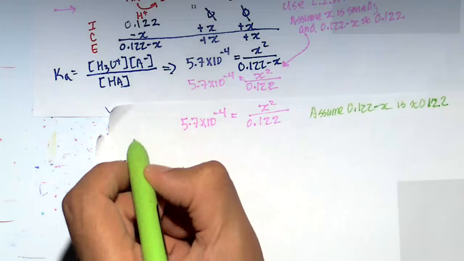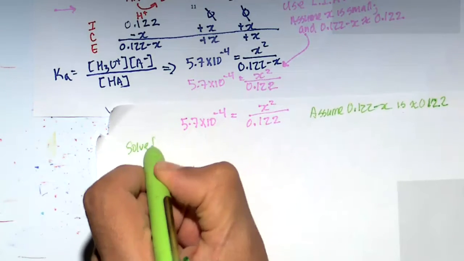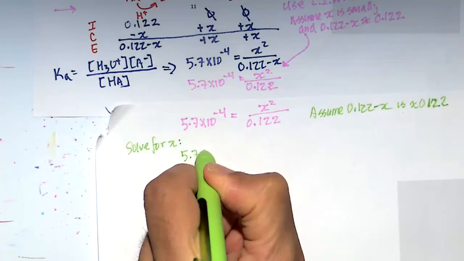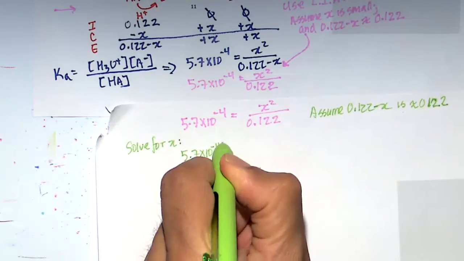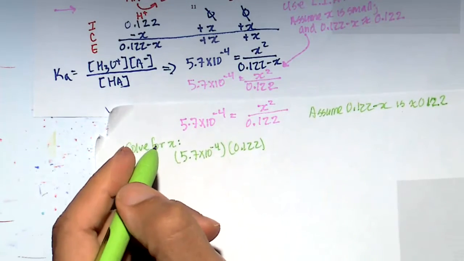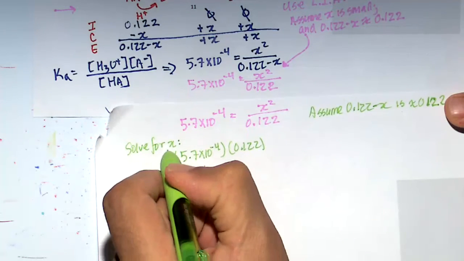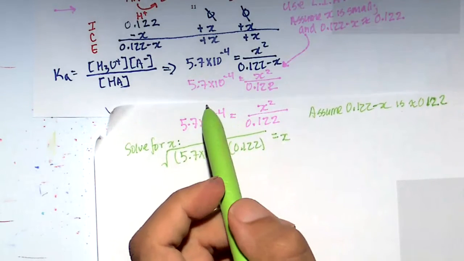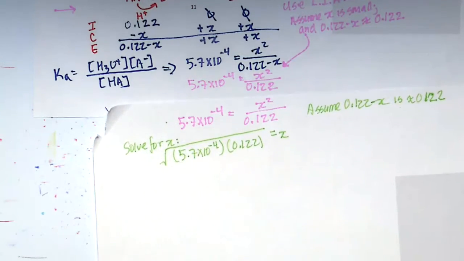All right, so now we'll solve for x. It's 5.7 times 10 to the minus 4 times 0.122. Okay, let's square root this to get x. I combined a couple of steps here to go from the pink to the green.